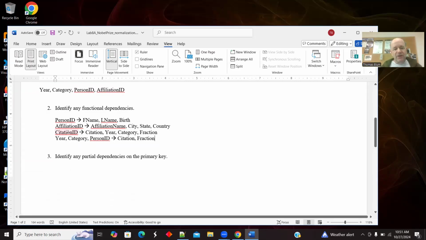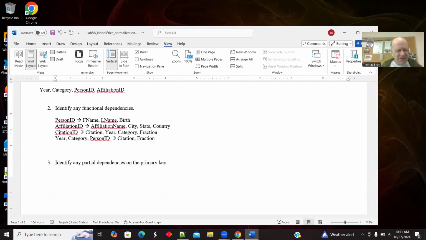The citation doesn't tell us the year, but if we know the year, the category, and the person, it does tell us the citation. So different combinations and different directions can determine things. Okay, so these are some functional dependencies.